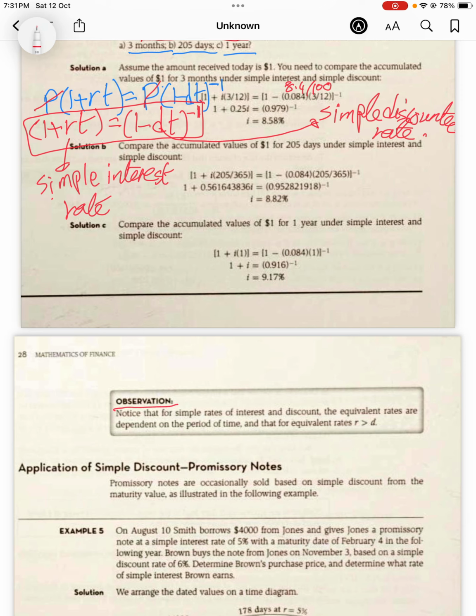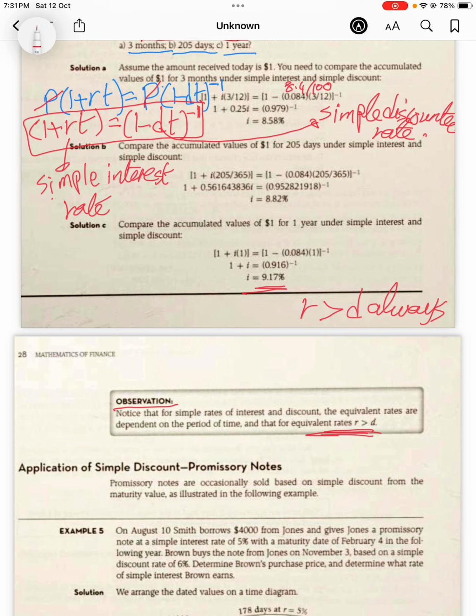Observation. Note that for simple interest rates of interest and discount, the equivalent rates are dependent on the period of time, and that the equivalent rate R is greater than D. Yes, it is always greater. R is greater than D always.